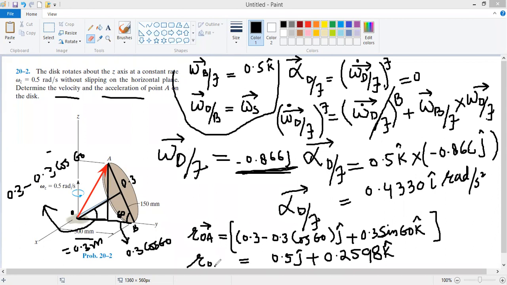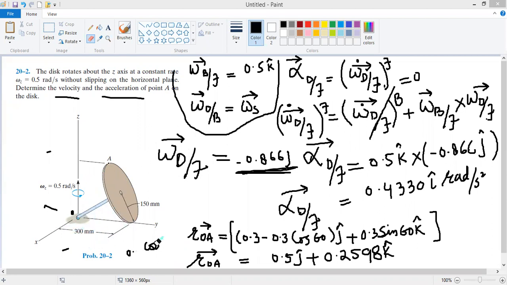We write this as the ROA vector. This is how we write it. Now write down the expressions. Remember all these expressions. Okay. Let me clean all these things from here so that I can write the final equations for velocity and acceleration.